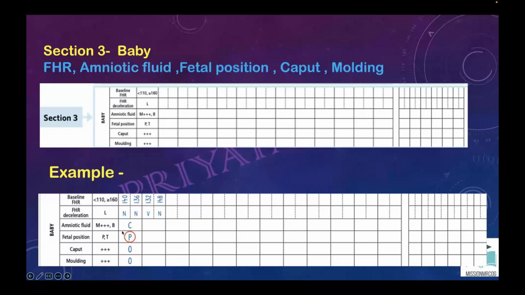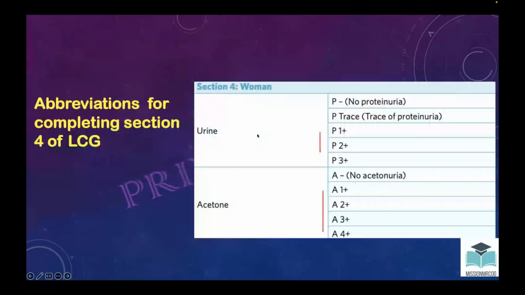Now coming to section 4 of LCG, this includes all observations about the mother: pulse, systolic blood pressure, diastolic blood pressure, temperature, and urine. Now what will be the abbreviations for urine? P minus, no protein.